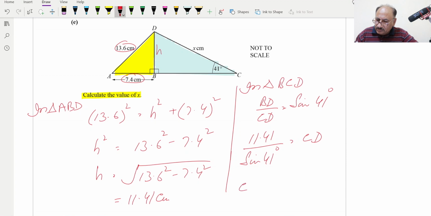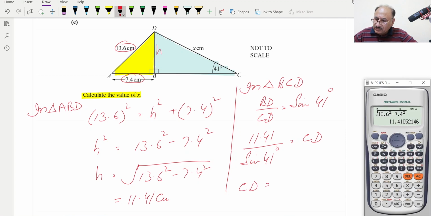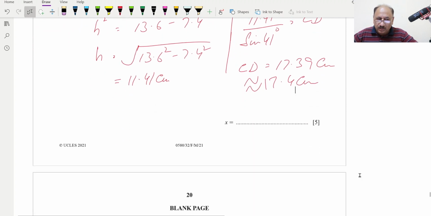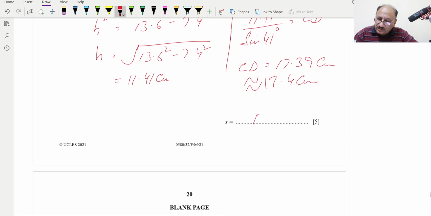CD will be equal to 11.41 divided by sine of 41 degrees, and this is equal to 17.39 centimeters. So approximately we can write it as 17.4 centimeters, and this will be our final answer, 17.4 centimeters.